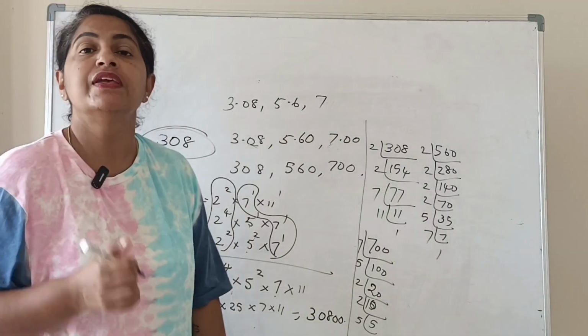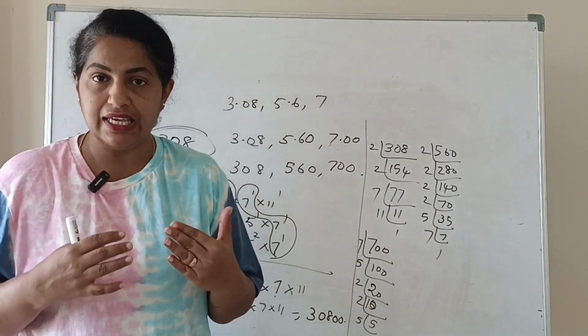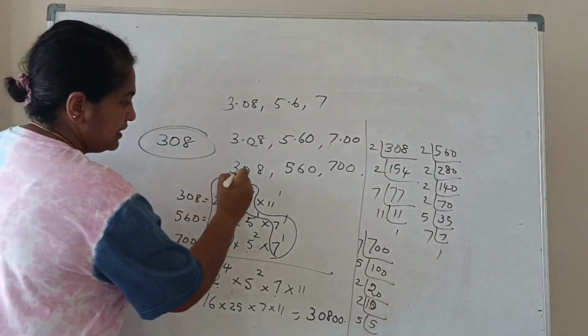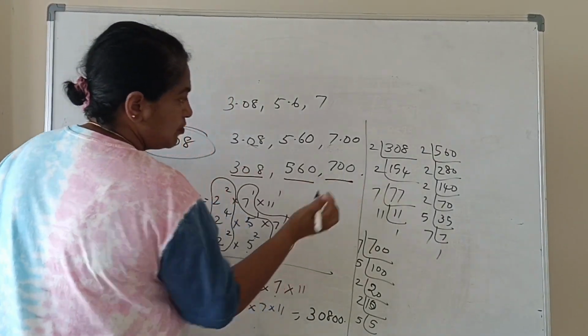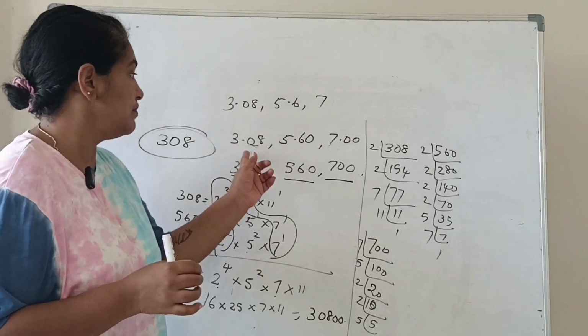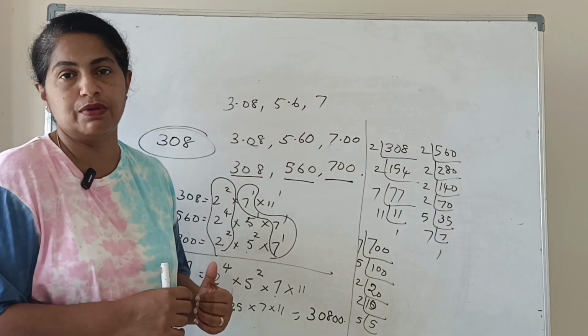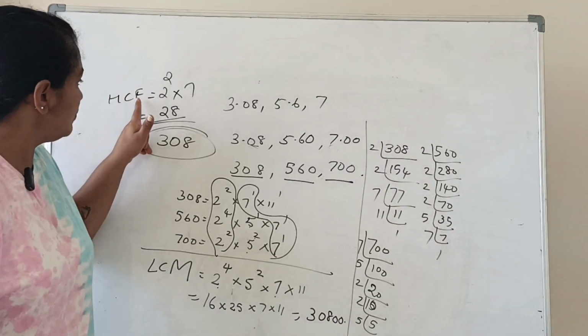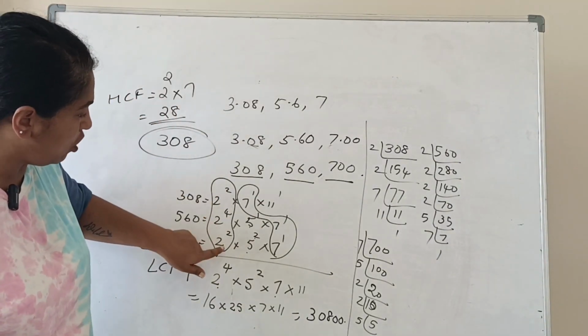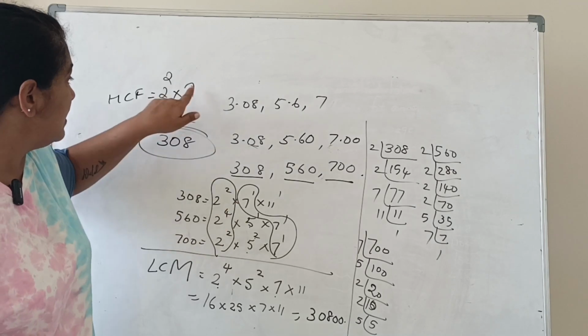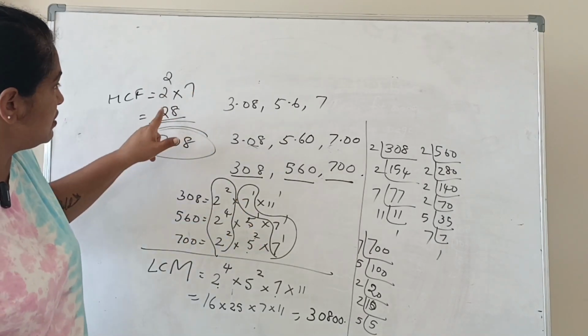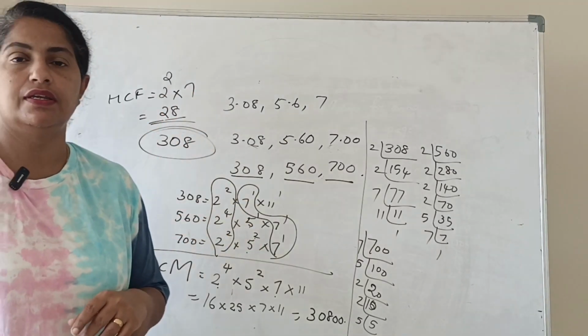308. In a similar way, we can find the HCF also. So find the HCF of these 3 numbers and put a decimal place accordingly. So let us find out what the HCF of these numbers would be. So here, as you can see, the HCF would be 2 is common, so I have taken the least power. 7 is common, there is only 1 power, so the HCF would be 28.